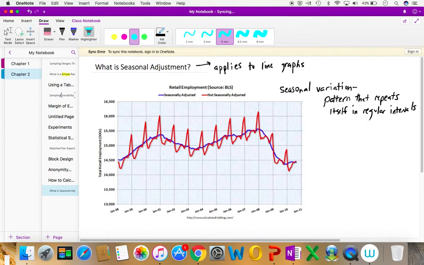For example, let's zero in on 1998 to 1999. In January, we have employment of about 14.5 million. Notice the reason I'm saying 14.5 million is because this is measured in thousands, so it's not 14,500, rather it's 14,500,000.